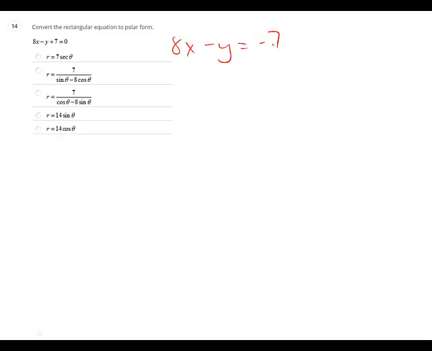Convert the rectangular to polar. It's like number 31. Not this book. This one.